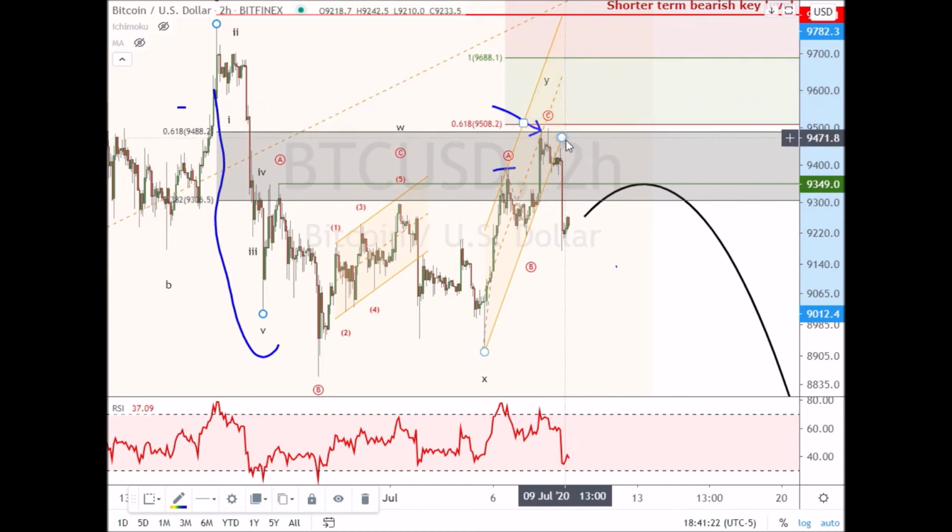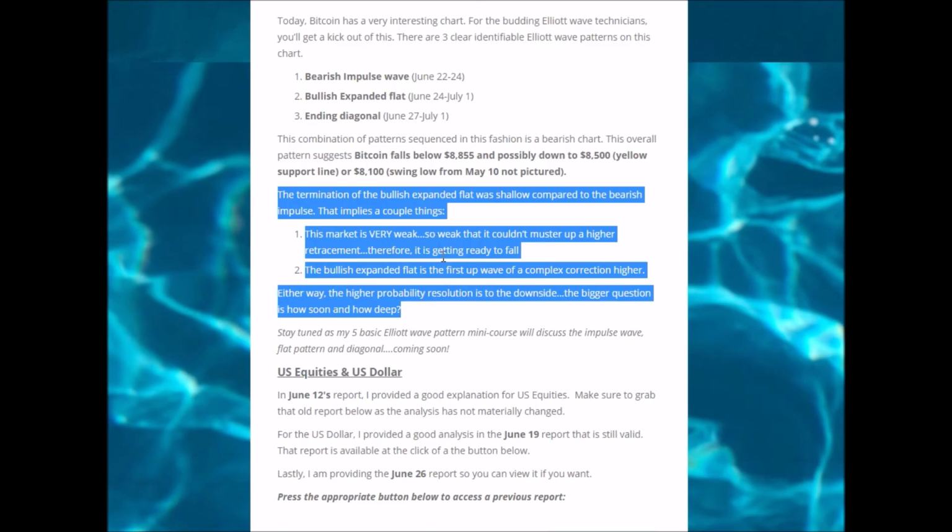And you know, we're starting to see that take place now. Will this down leg break down below these lows? That's what I would set up for, but it doesn't have to. This could continue to drift higher. But what's different now than what we had on July the 3rd when I wrote up this report is that the termination of this combined complex corrective pattern higher is no longer shallow.